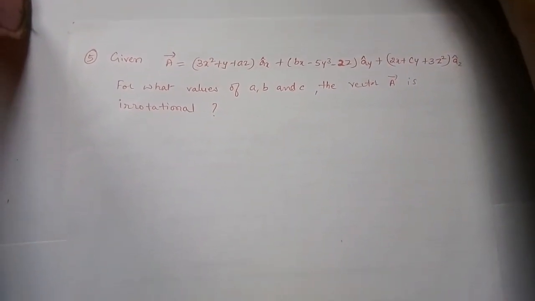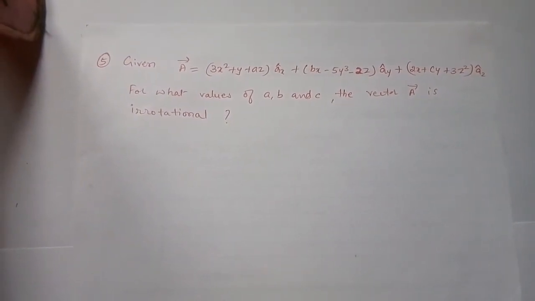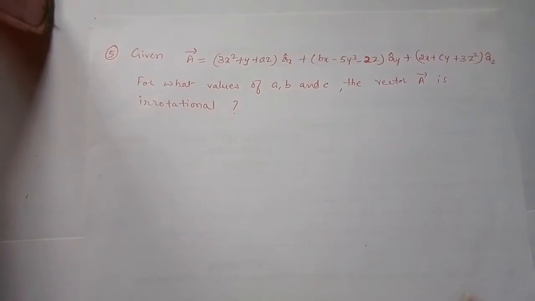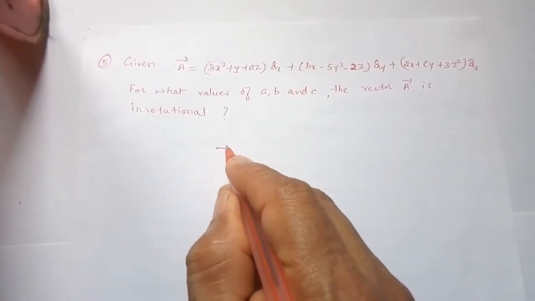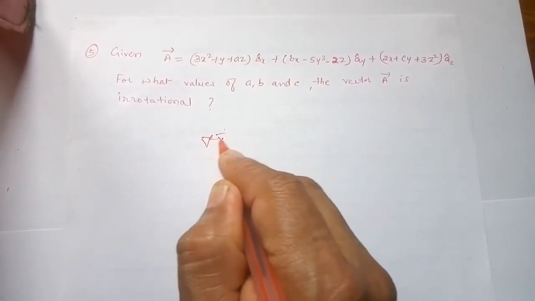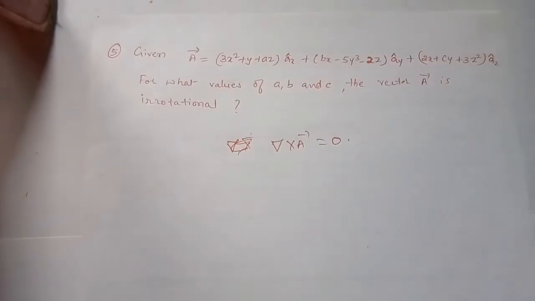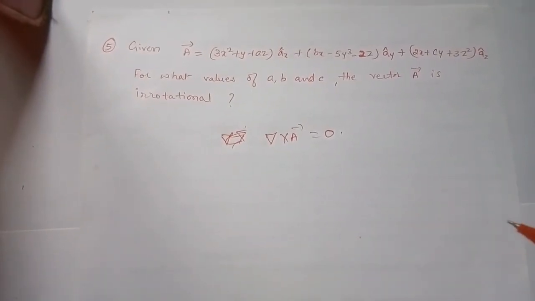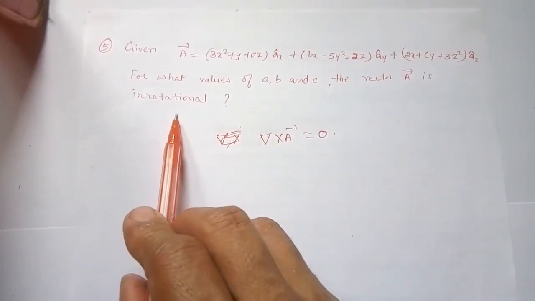So again it is related to the curl problem only. Vector A is irrotational means del cross A is equal to 0. The curl of the vector is 0. That is the meaning of the vector being irrotational.